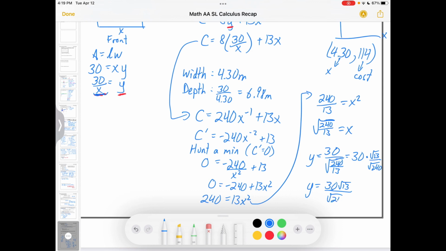Now, honestly, I don't think they're going to give you numbers that are this brand of unpleasant. Who knows? I think this is a better paper 2 question than a paper 1 question. But if you did have to hunt down those values, there they would be, and they would be equivalent to the decimal ones that we found over here. So in decimals or paper 2 land like this, in the smug satisfaction of exact values, it would be this.